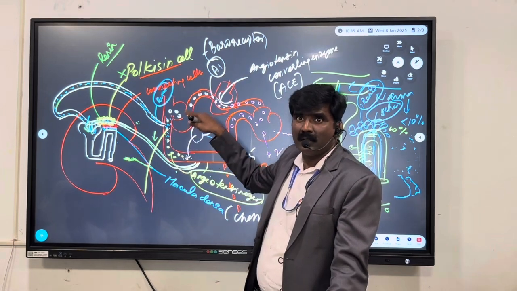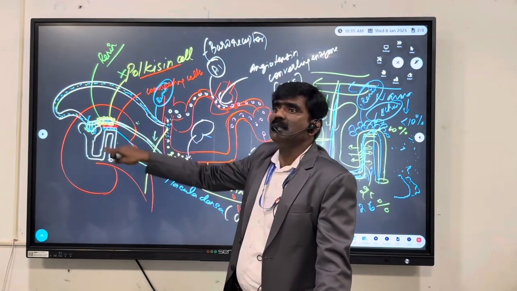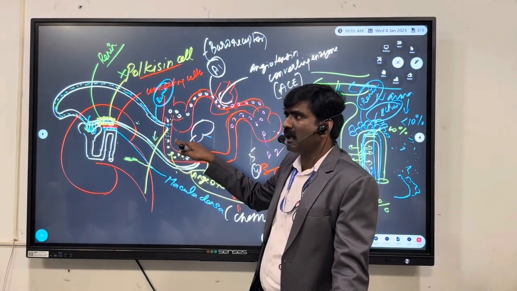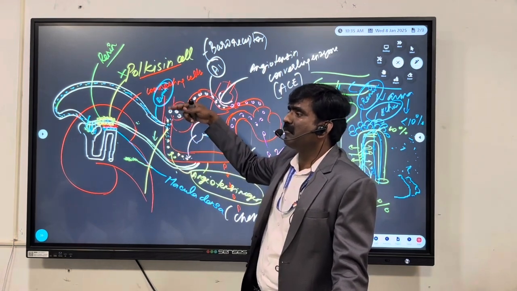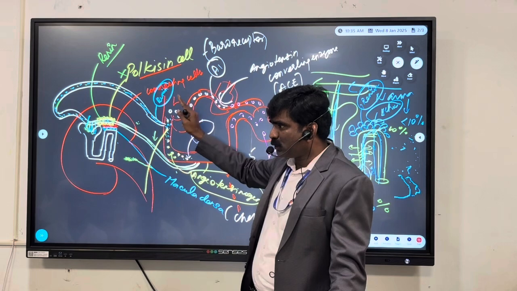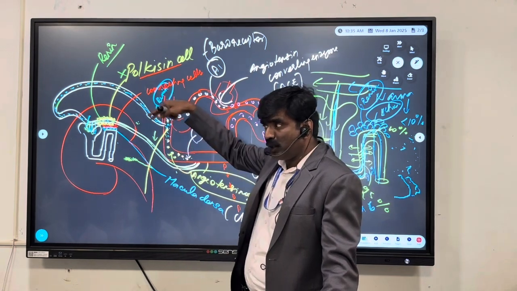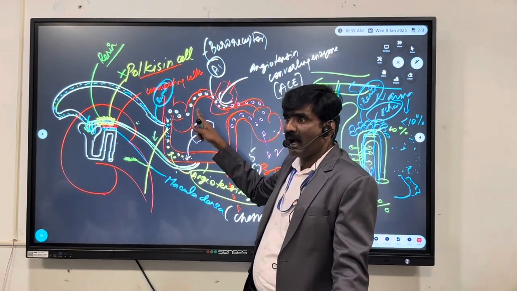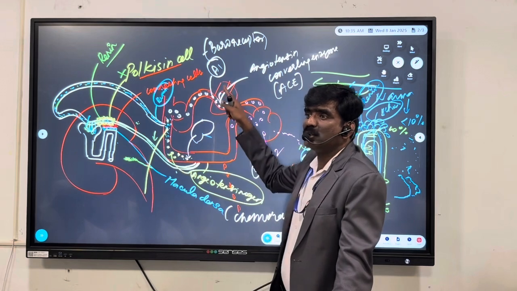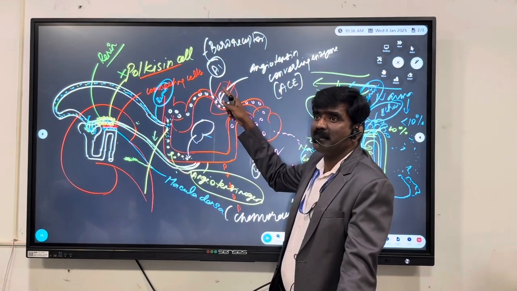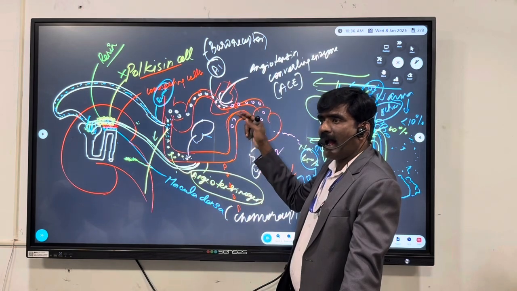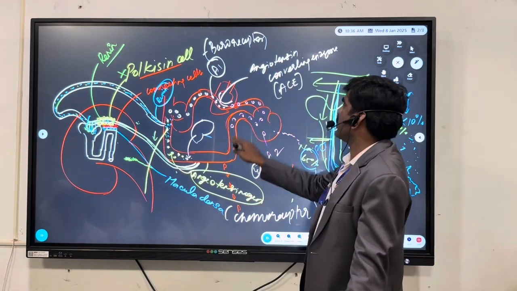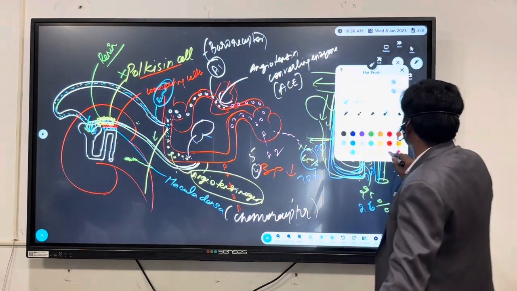That renin acted on angiotensinogen and converted it to angiotensin 1. And angiotensin 1 went to the lung, and there angiotensin converting enzyme converted A1 to A2, and A2 is now coming to the arterial circulation.